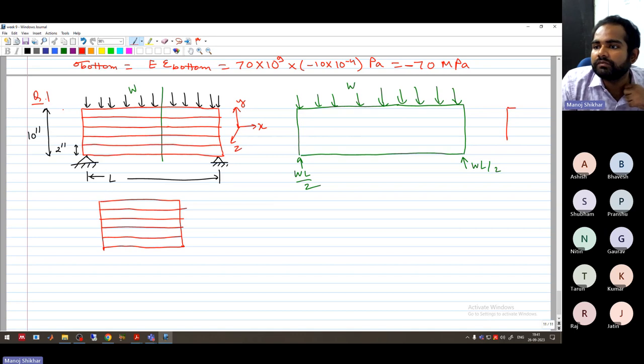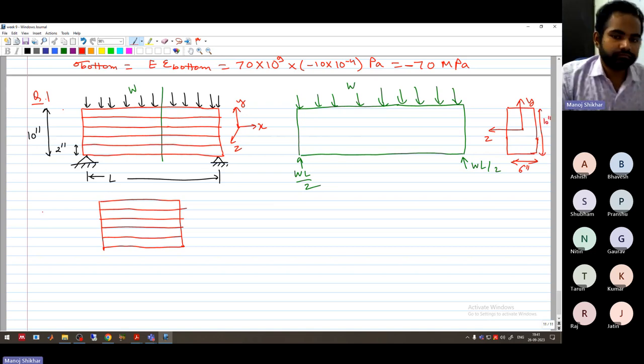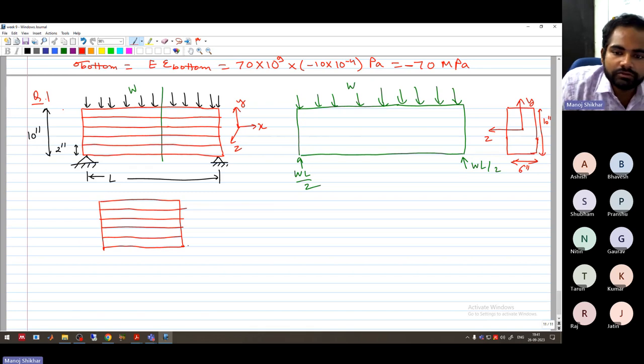Our cross section is something like this. This is y, this is z. This is 6 inches, and this is 10 inches. So if we take the right part, we have WL by 2 here.